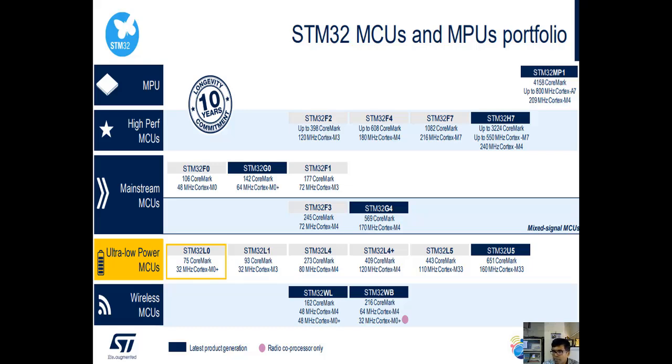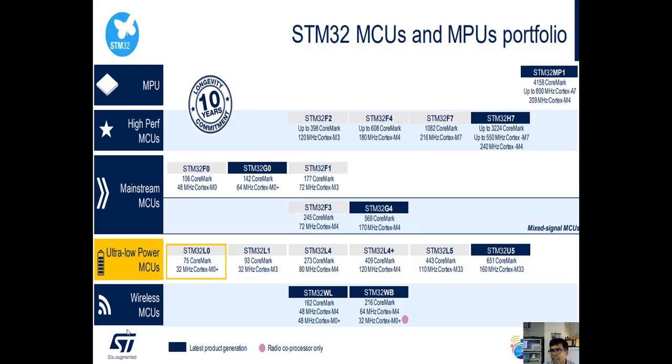These two series operate with M4 and M0 plus cores, generally at 32 and 48 megahertz, which gives you the provision for running various wireless end node applications or gateway applications that you can develop using these series.